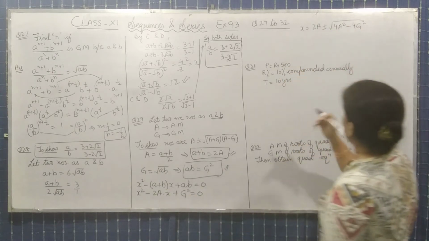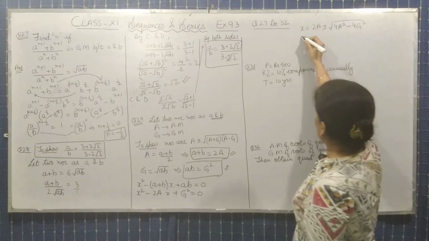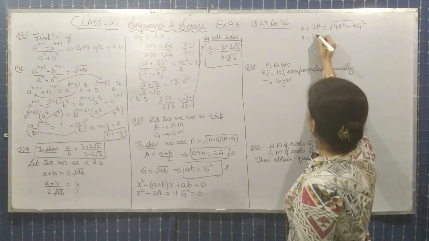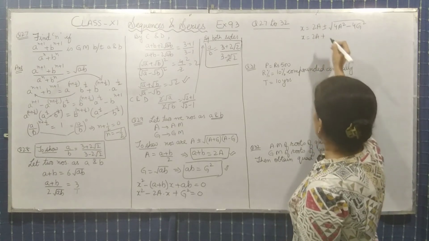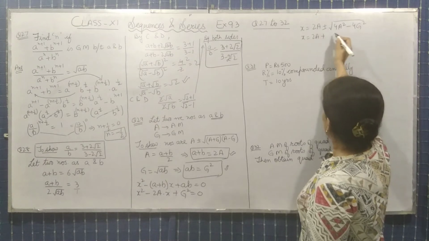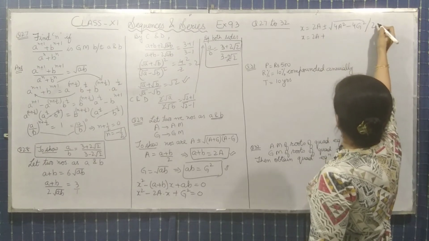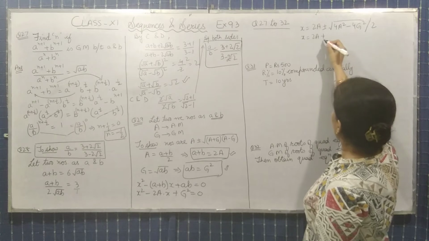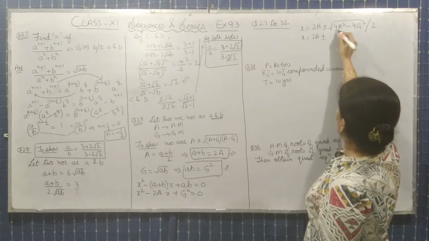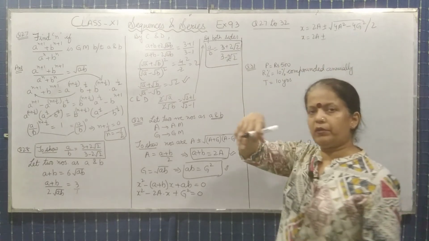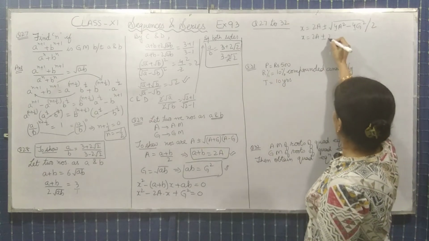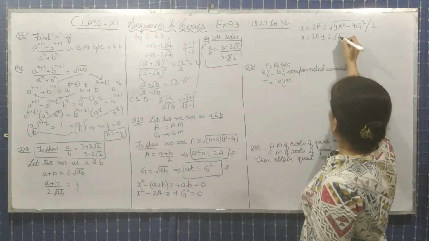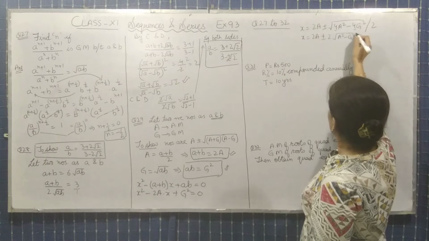So 2a, there is no need to write it. Now x is 2a plus minus, here it is 2 only. 2a plus minus, you can take this 4 common, square root से बाहर निकालेंगे, so it will become 2 and a square minus g square upon 2.